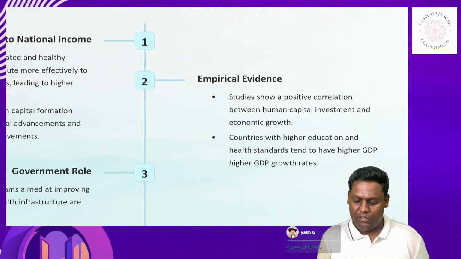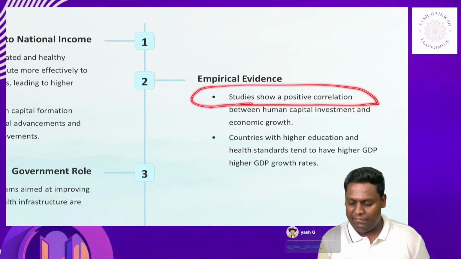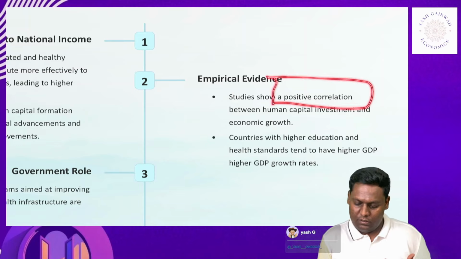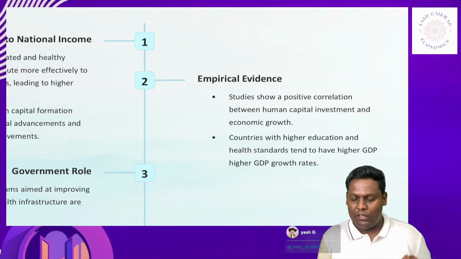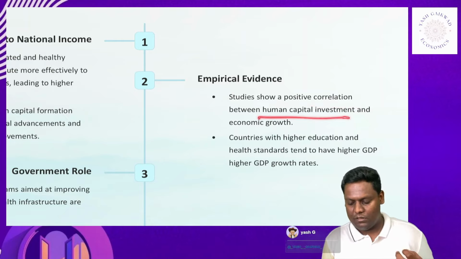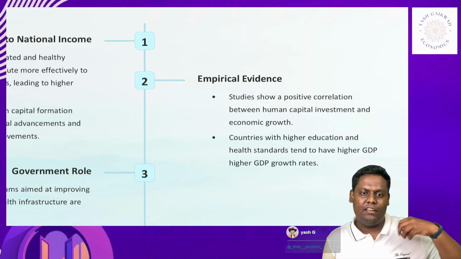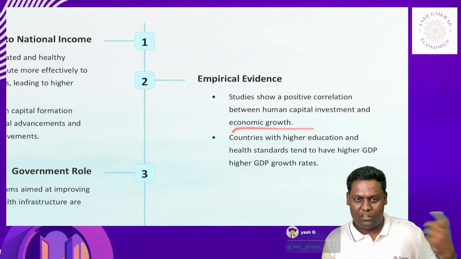Later, we have seen that although there is no empirical evidence to show a direct correlation, the overall conclusion can be drawn that there is a positive correlation in the long run when one invests in human capital. The effect can be seen in long run growth of the economy.